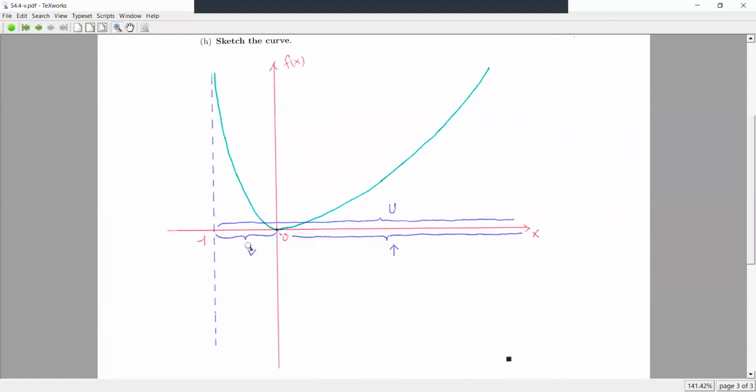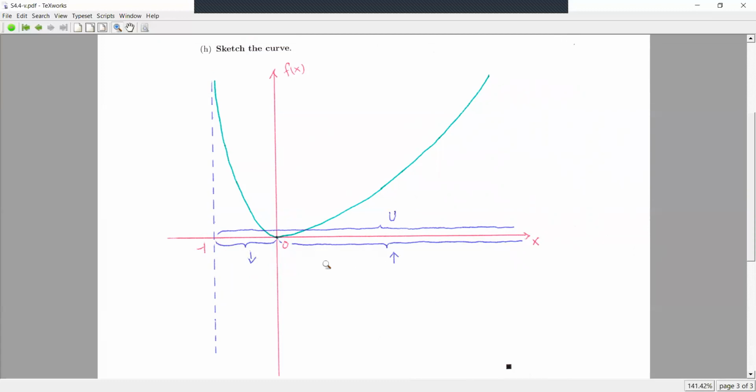So mark it down. From 0 to infinity, the graph is increasing. From -1 to infinity, the whole domain, the graph is concave up. Mark it down. And also, at 0 the graph has a local minimum. The local minimum function value is 0. So mark down the point.